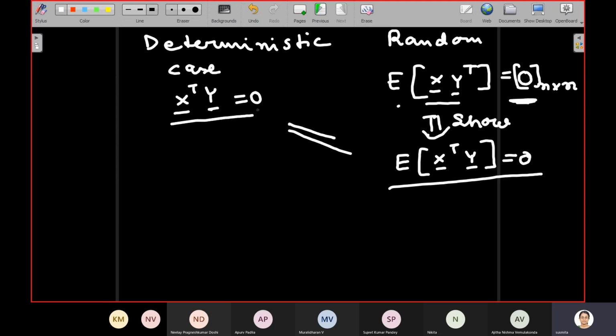So this is the deterministic relation of orthogonality, and this is the equivalent one for random variables or random vectors. Because they are random, simply taking x transpose y will not give you any meaningful information. You need to apply the expectation operator to get the average representative value, and you will find that this average value is nothing but 0 when the two random vectors or random variables are orthogonal.